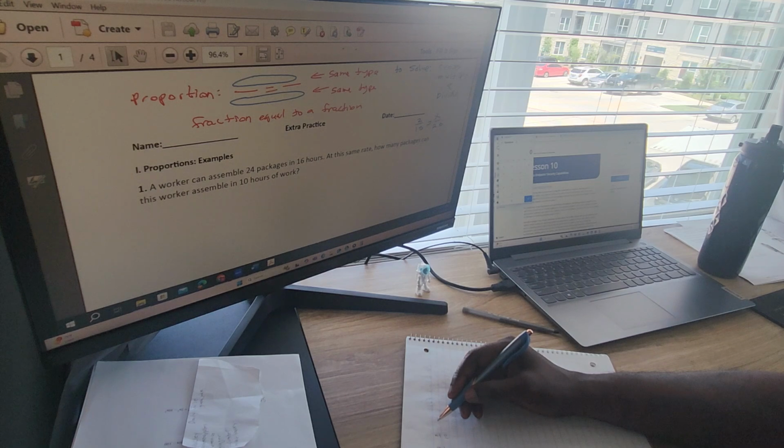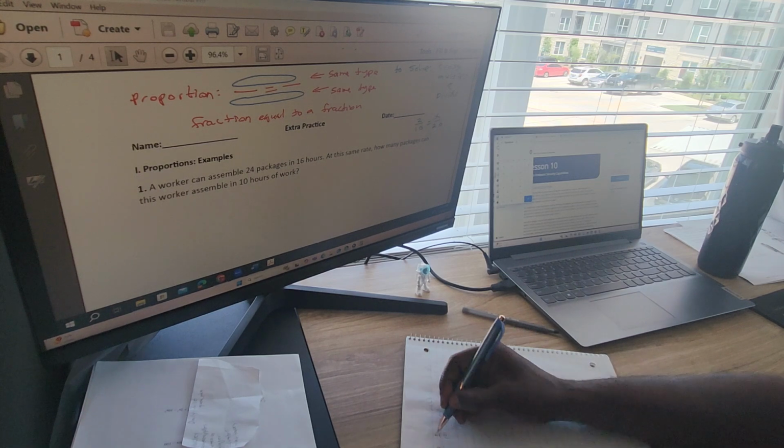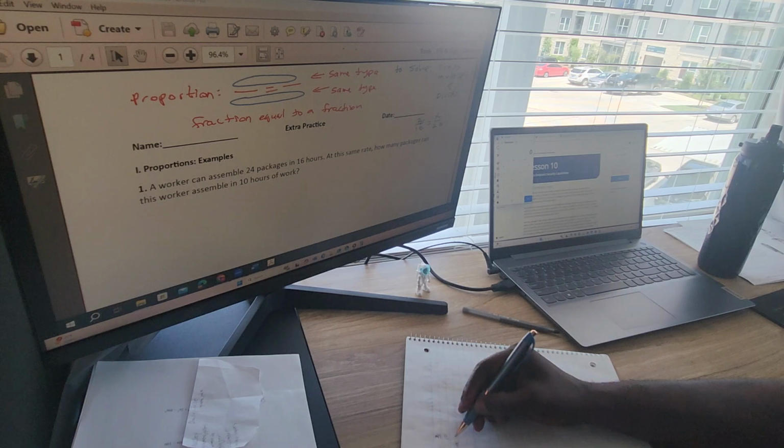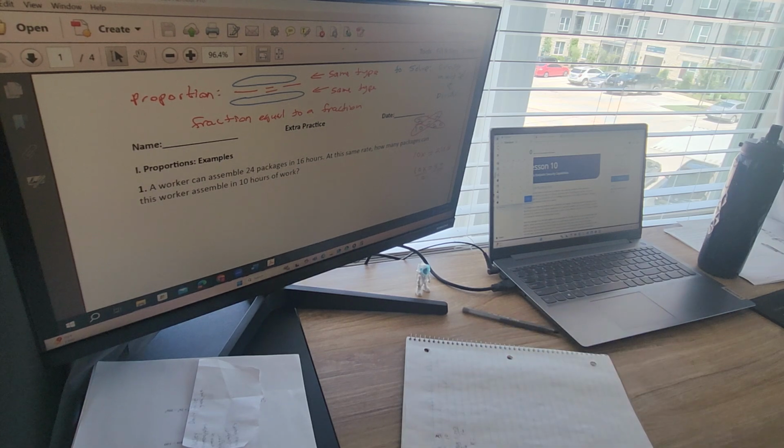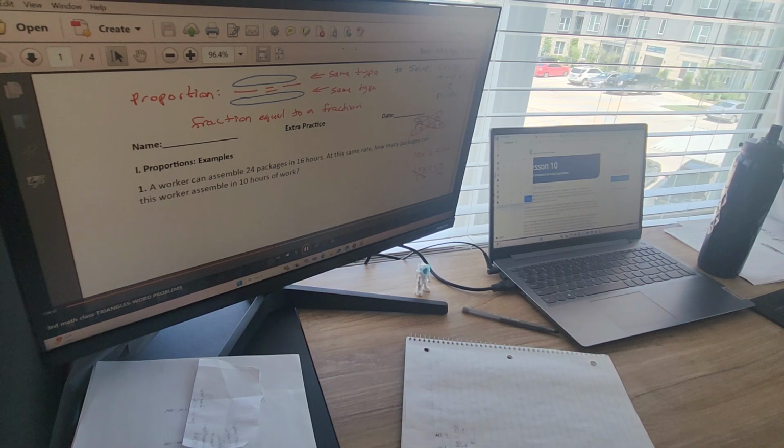Once we set it up, the solving seems to be pretty straightforward for most students. All we do is we cross multiply and divide. And so what I mean by that is we're going to cross diagonally, and we're going to multiply the diagonal that has the x in it first. So 10 times x is 10x. Then we cross multiply this way, and we get 2 times 20. And we get 10x equals 40. And then we just solve. It's really a linear equation, and the last step will always be divide.